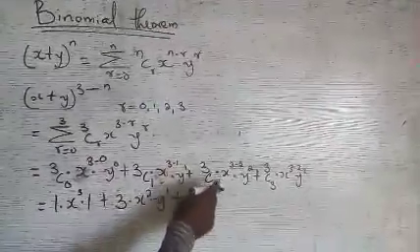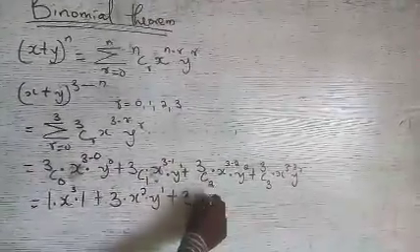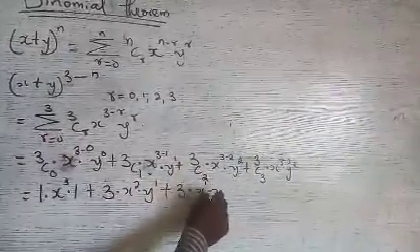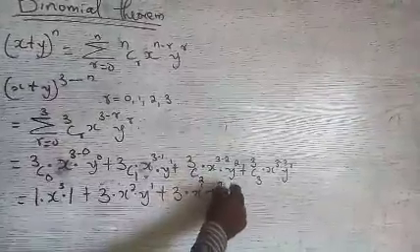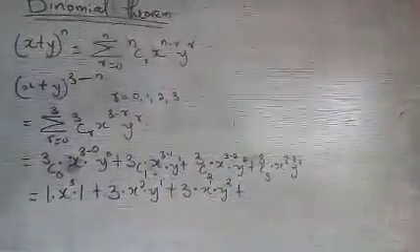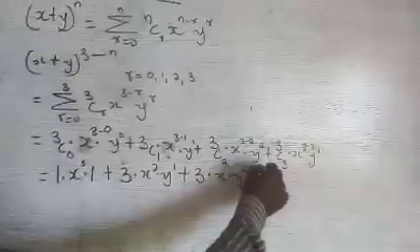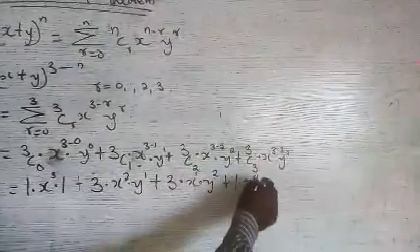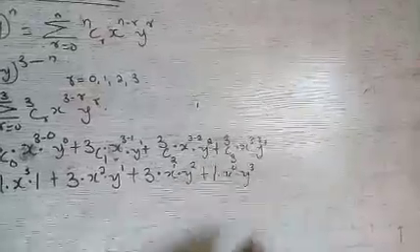3 combination 2 is 3, multiplied by x raised to the power 3 minus 2, which is 1, multiplied by y raised to the power 2, plus 3 combination 3 now, that is going to be 1, multiplied by x raised to the power 3 minus 3, which is 0, multiplied by y raised to the power 3.